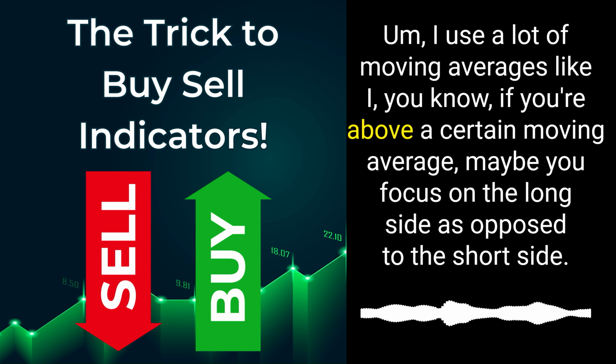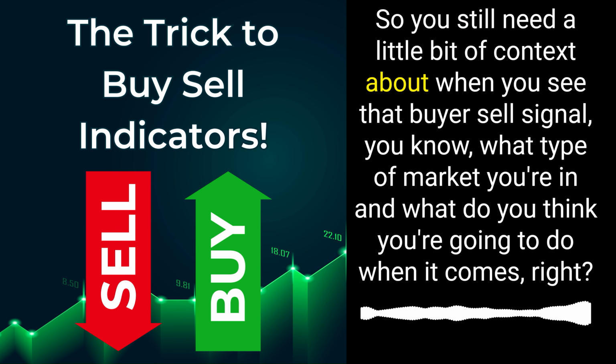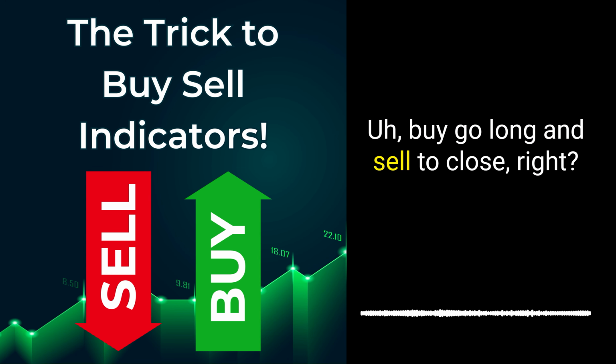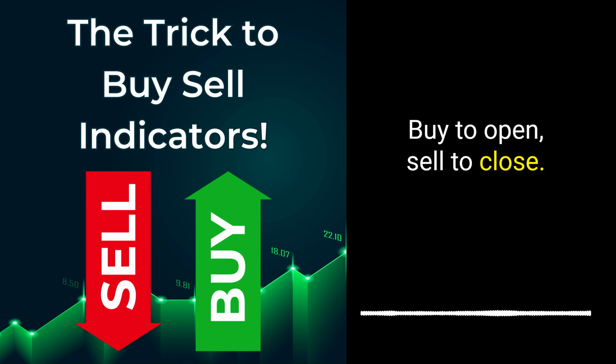If you're above a certain moving average, maybe you focus on the long side as opposed to the short side. So you still need a little bit of context about what type of market you're in when you see that buy or sell signal, and what you think you're going to do when it comes, right? Again, if the market's going up, you probably want to buy, go long, and sell to close. Buy to open, sell to close.